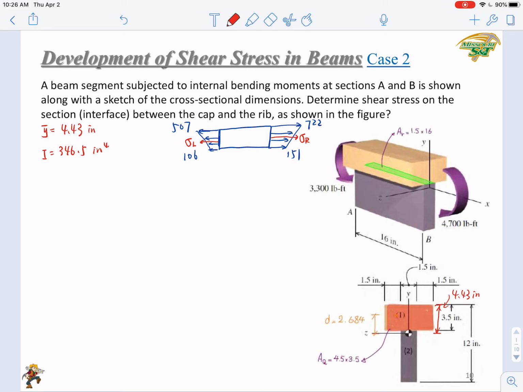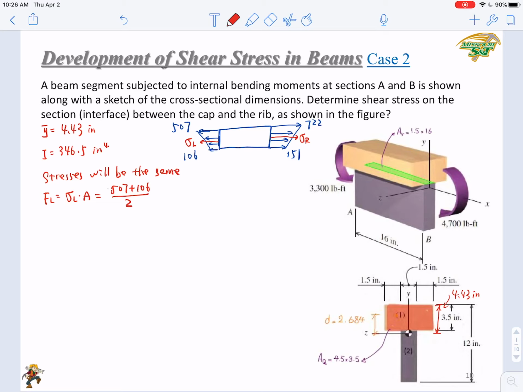So the stresses will be the same, and the average stresses on the left end and the right end will be the same as the previous example. So FL equals sigma L times A, right? The sigma L will be 507 plus 106 over 2.